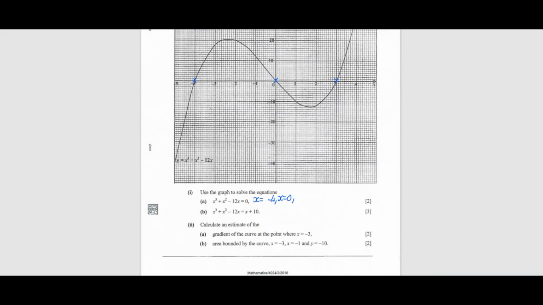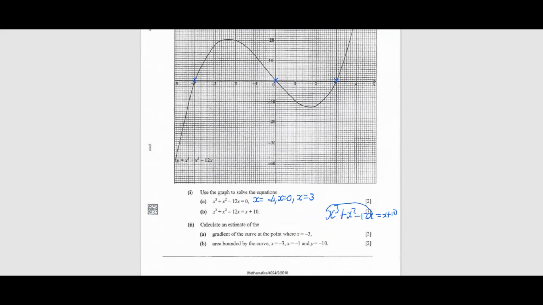The third one, x is equal to 3. So whenever you have the 0, you just have to consider the intersection of the curve with the x-axis. Now let's check for B. So B, we also have x raised to the power 3 plus x squared minus 12x is equal to x plus 10.